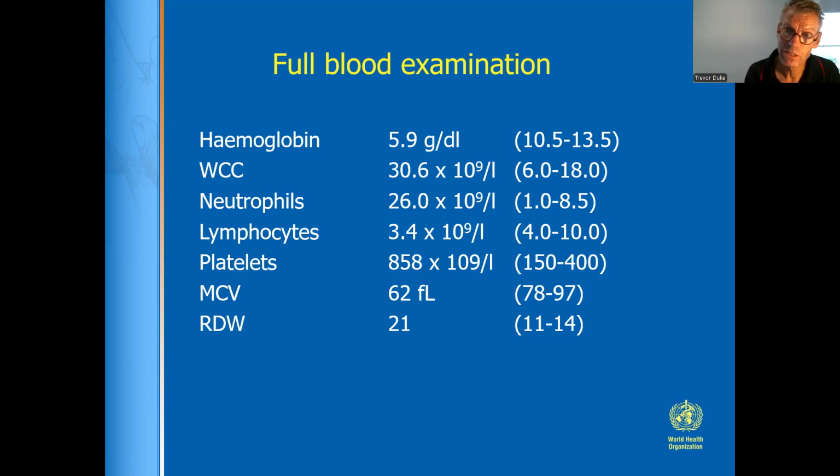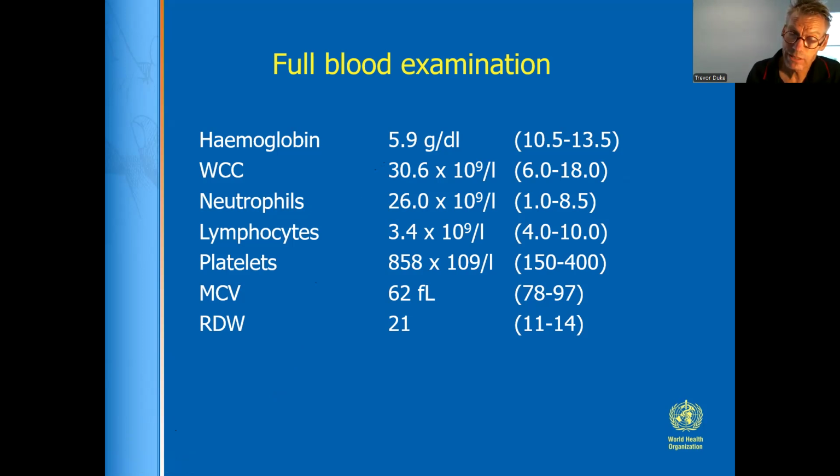So you'd suspect from this that Ratu might have iron deficiency anemia, and that certainly is the cause of his anemia, and it's potentially the cause of even his heart failure.